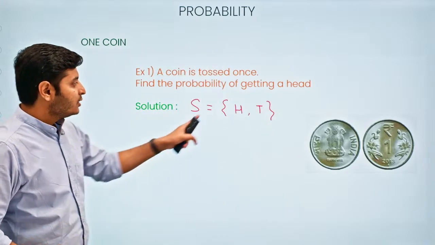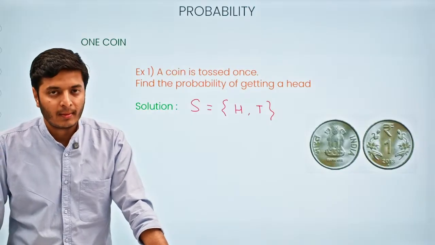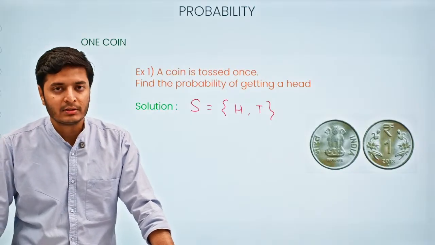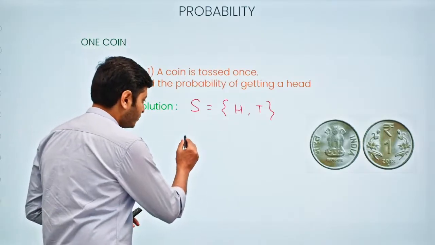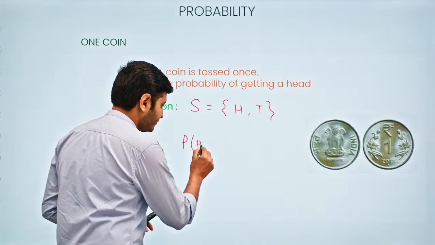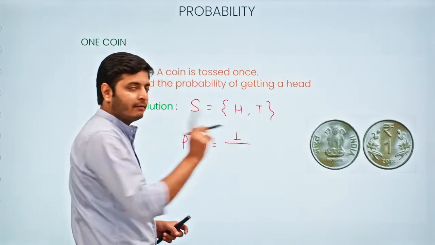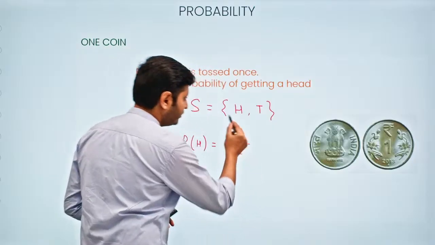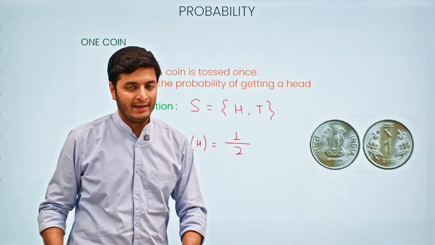Correct? So how many total outcomes can there be? 2. And how many favorable outcomes? Only 1, because we need heads. So the probability of getting heads is the number of favorable outcomes by the total number of outcomes, 1 by 2.